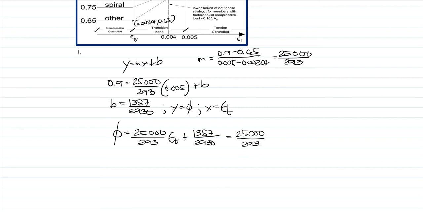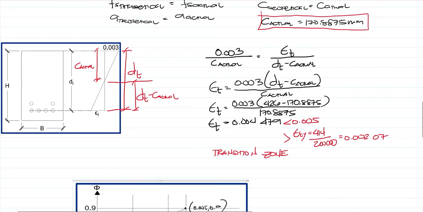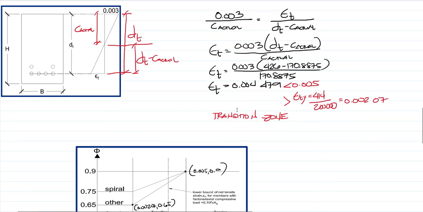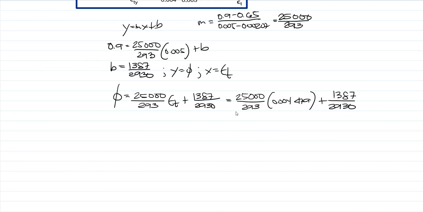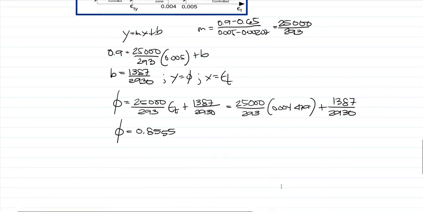So, yung 25,000 over 293 will be multiplied to 0.004479, plus 1387 over 2930. So, our reduction factor now will be equivalent to a value of 0.8555. So, yan ngayon yung ating reduction factor.